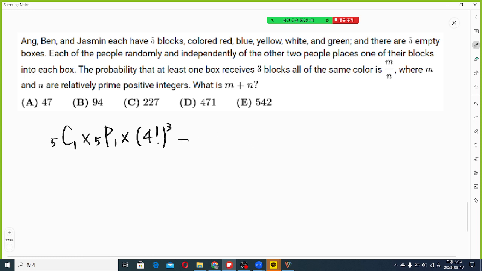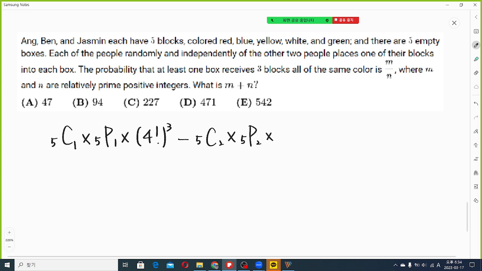So we need to subtract the case when two boxes contain the same color. We first choose the two colors out of five, so the number of cases is 5C2, and these two colors go to two boxes. For the arrangement, we multiply by 5P2.